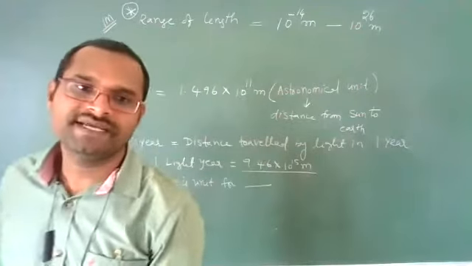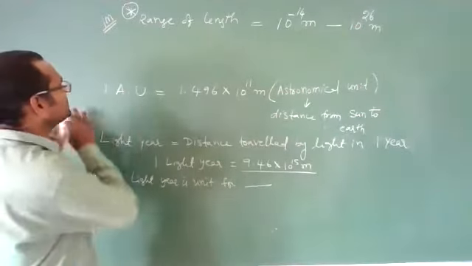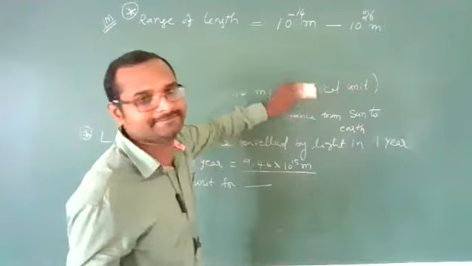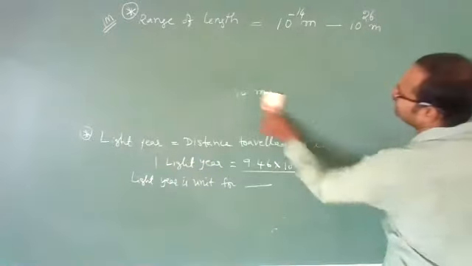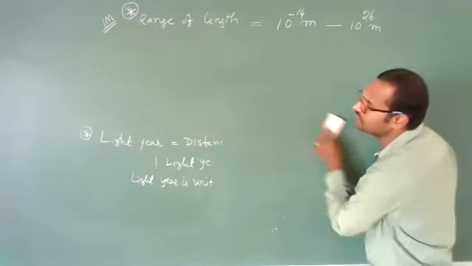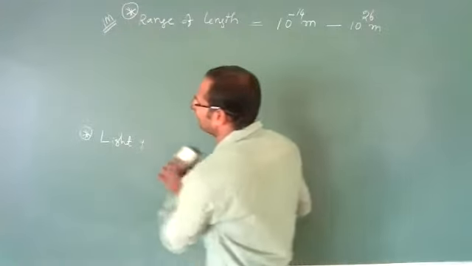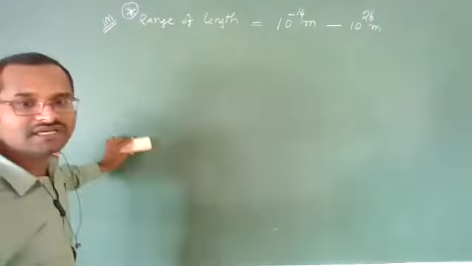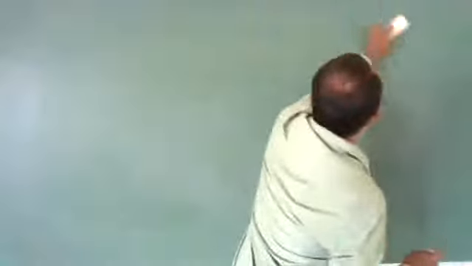Very important point, you must remember. So this is all about length: what is length, how we measure it, what instruments we use, what the different units are, and what the range of length is. Clear? Okay. Next, the second fundamental quantity is mass.